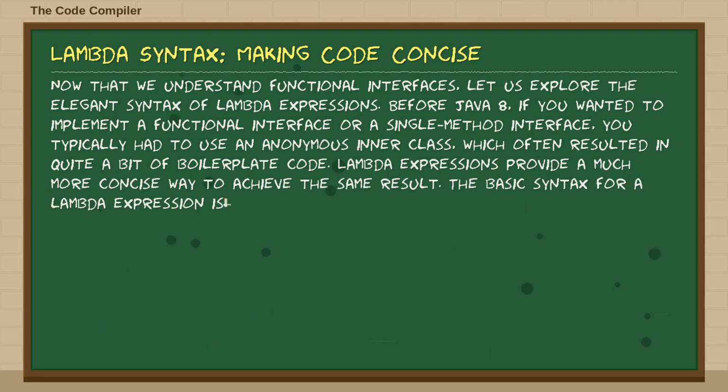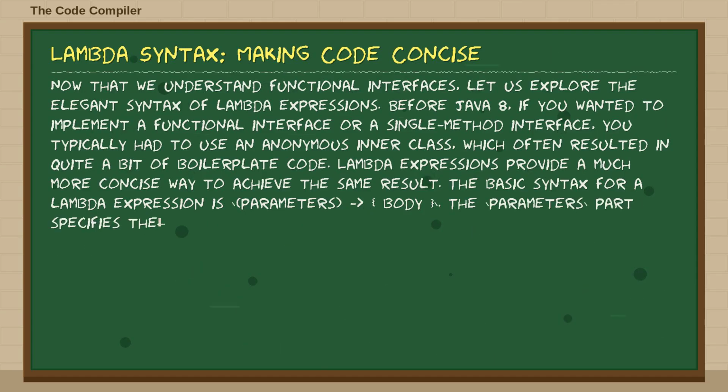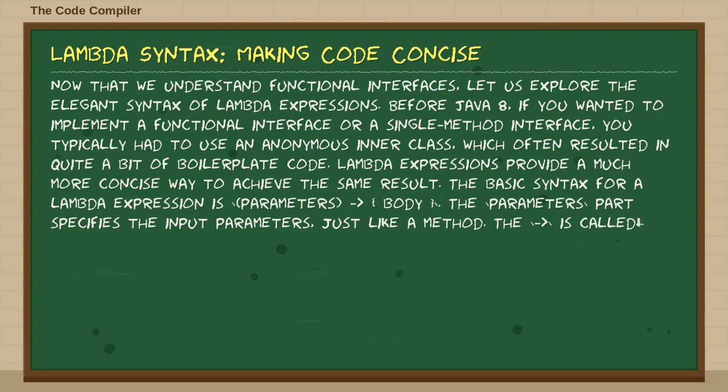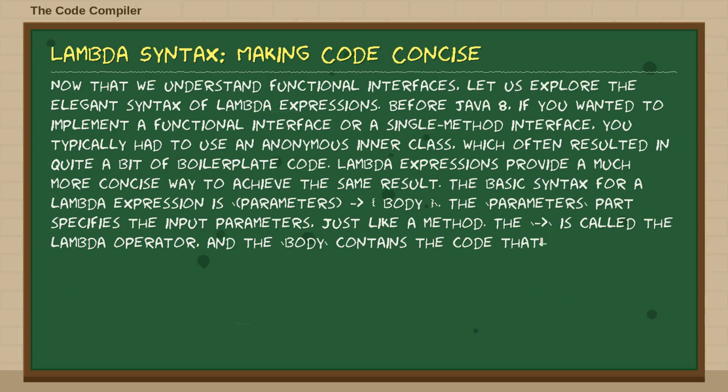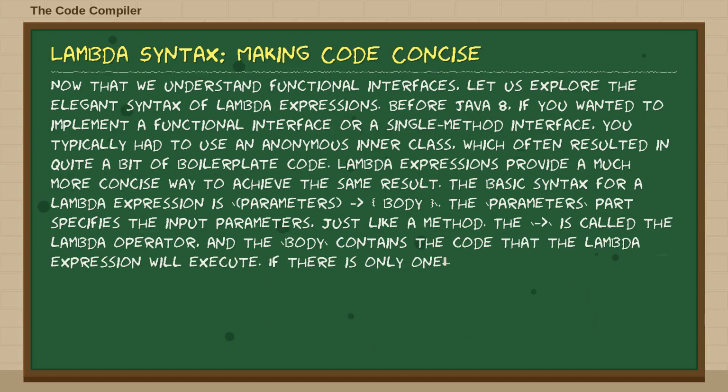The basic syntax for a lambda expression is parameters, arrow, body. The parameters part specifies the input parameters, just like a method. The arrow is called the lambda operator, and the body contains the code that the lambda expression will execute. If there is only one parameter, you can omit the parentheses around it.